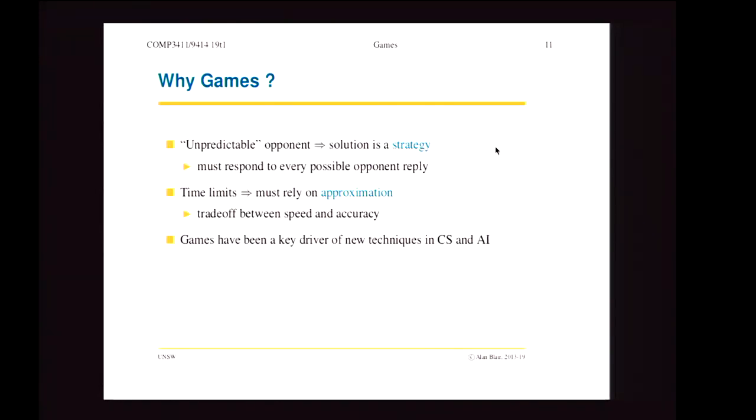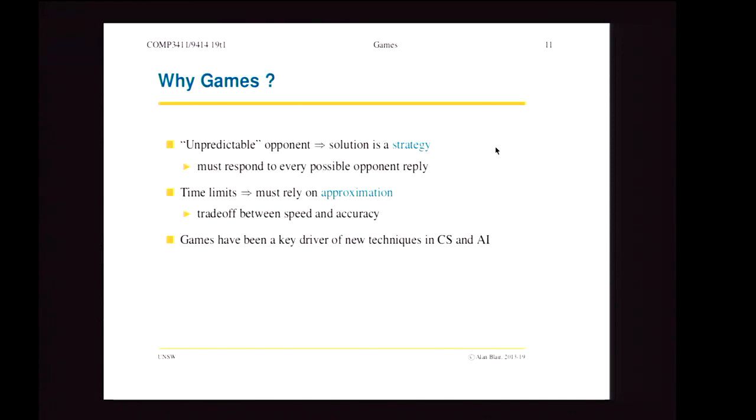So if you think too hard, your time is limited, so you have to think about how many positions you can evaluate.